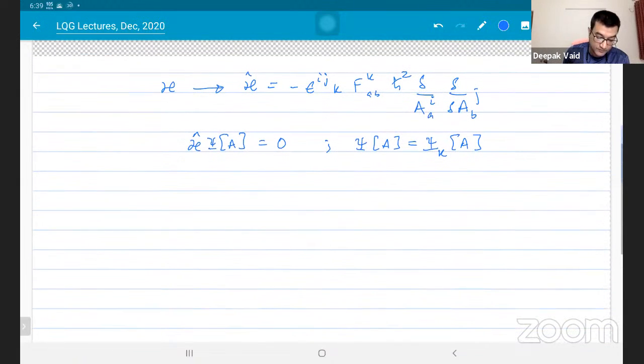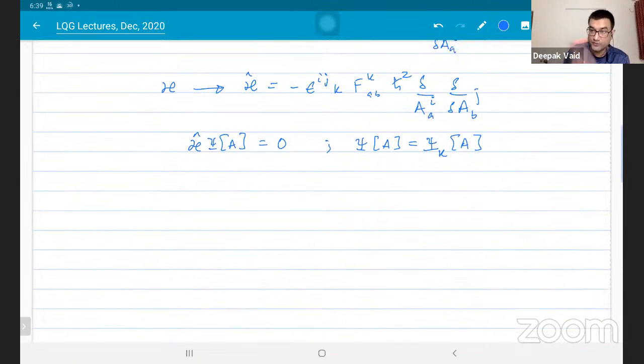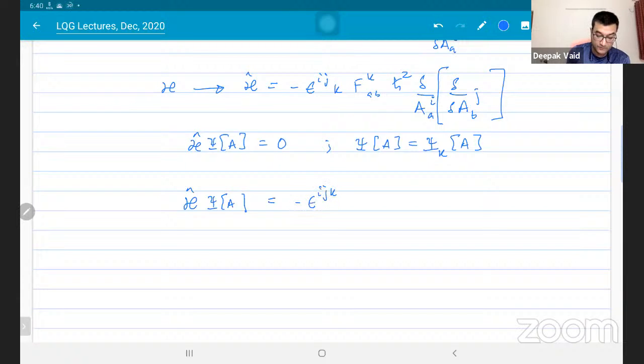Okay. Naively, of course, if you just do it blindly, then you would think that, well, this will just give me 2 copies of the curvature tensor, and that's obviously not going to give me 0. But you have to be careful because this is a derivative acting on whatever it is. So h acting on psi of A would be something. I don't know why they put a minus sign.